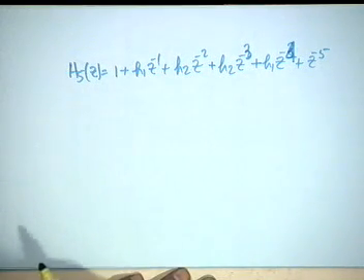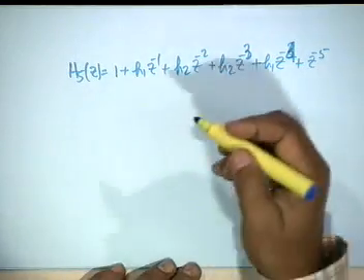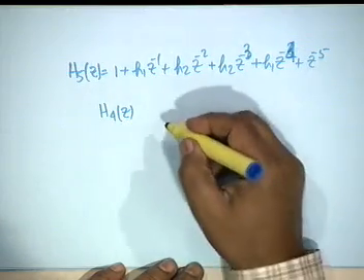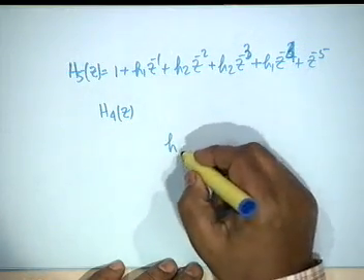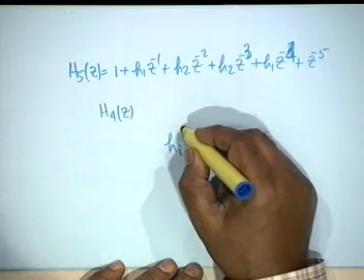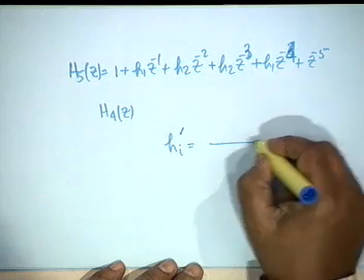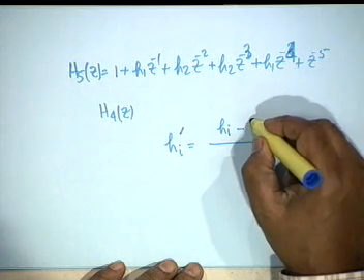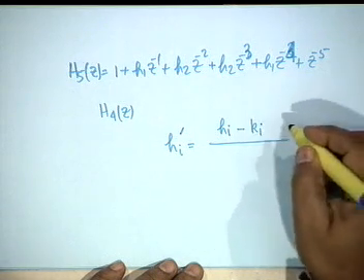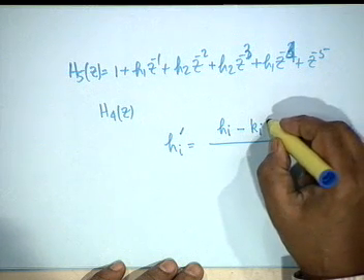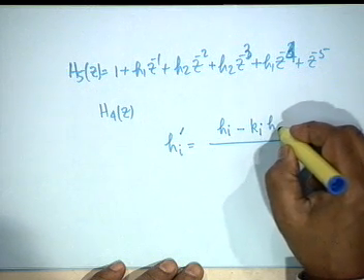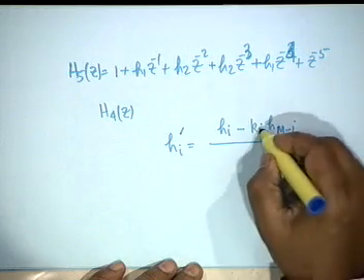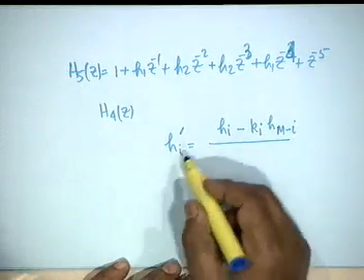Now he pointed out something very interesting. He said, if I want H4(z), well, my Hi prime shall be equal to Hi minus Ki, Hm minus i, then this should be Km. Oh, well, H4.